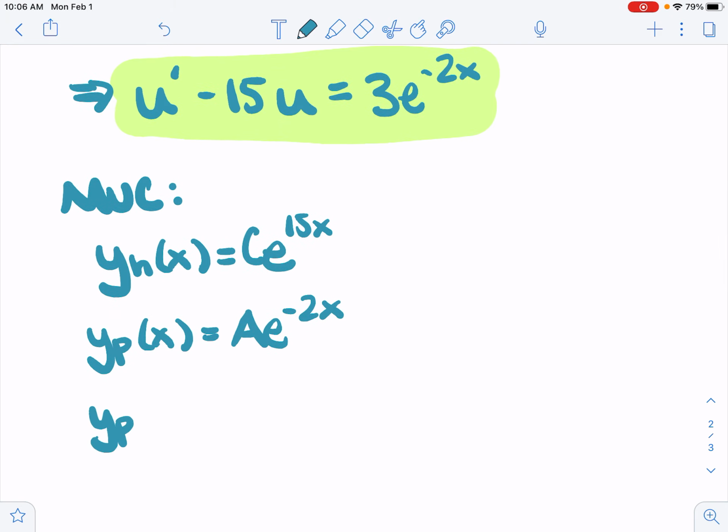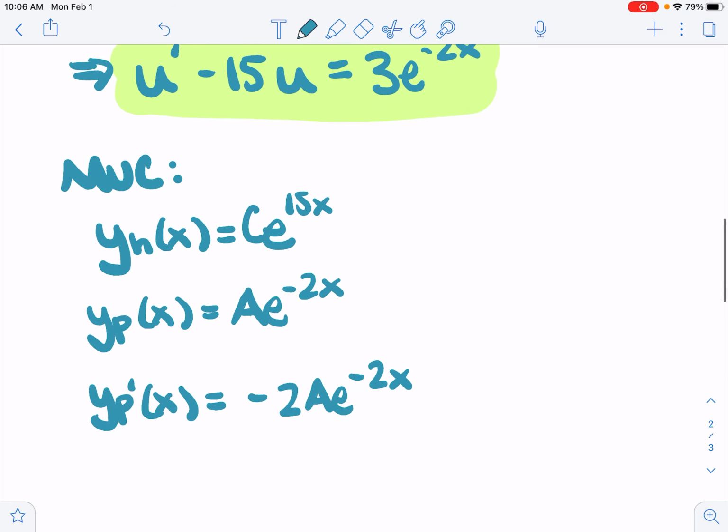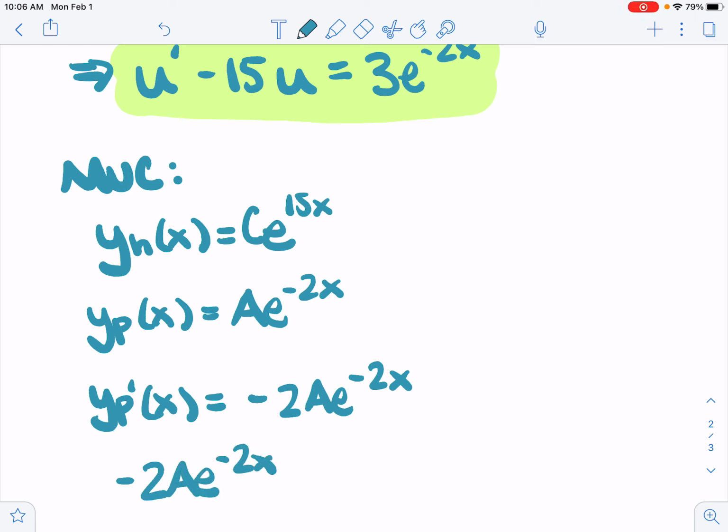So u particular prime is minus 2a e to the minus 2x, and we plug in. I guess I should have been using u's instead of y's, but whatever. Minus 2a e to the minus 2x for the derivative, minus 15 times u itself equals 3e to the minus 2x.